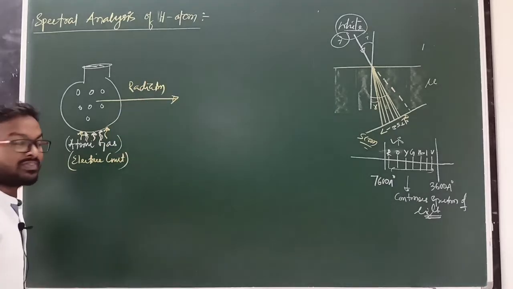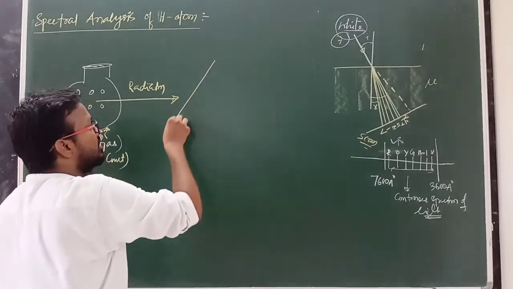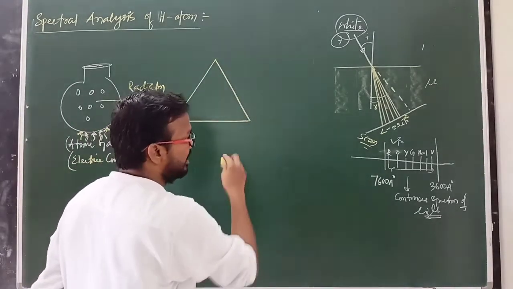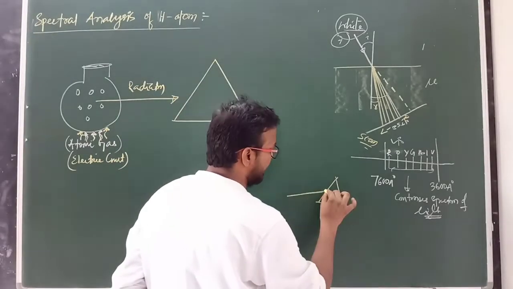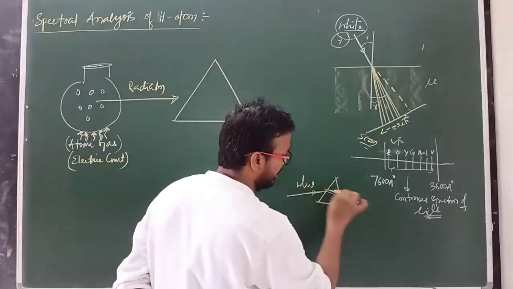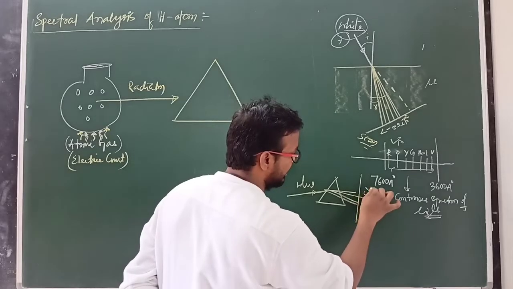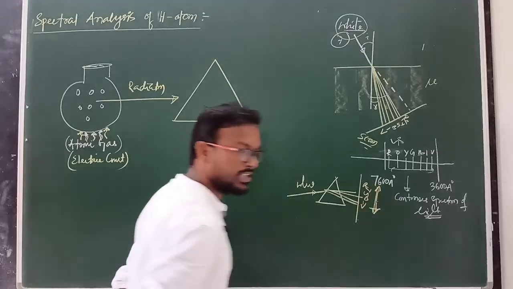Radiation takes place, and this radiation now passes through a prism. Suppose there is a prism, and we already know that if white light passes through the prism, we get 7 colors, V I B G Y O R. This is known as the continuous spectrum in the case of a prism.